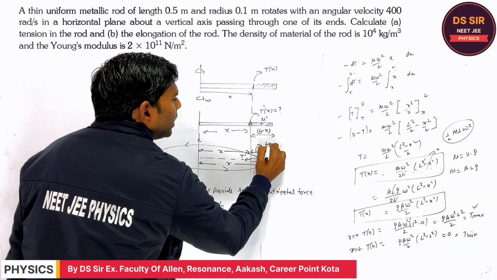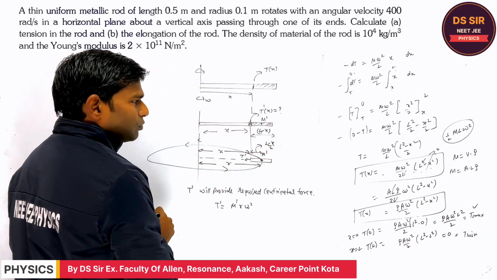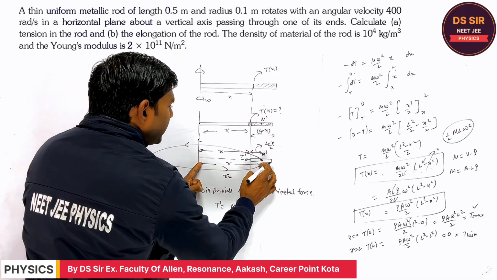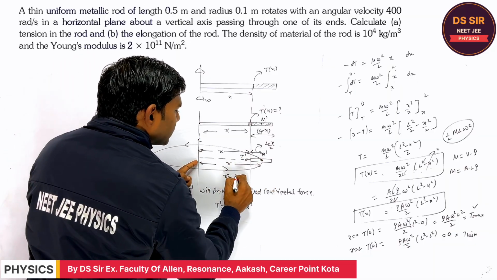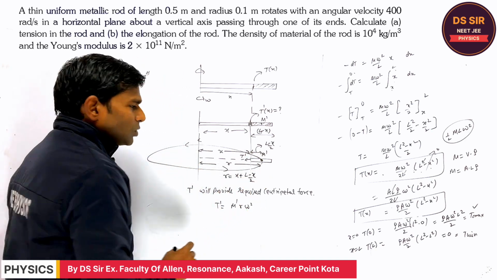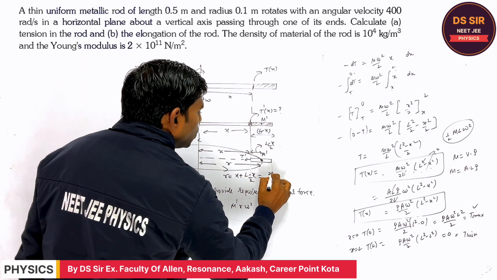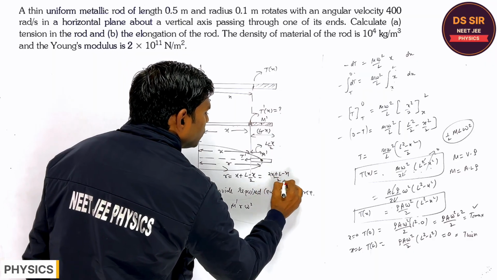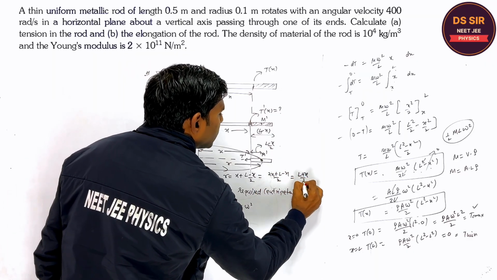L minus x by 2. Are you getting? So what is the radius over here? The radius is nothing but x plus (L minus x) by 2. So the radius is (2x plus L minus x) by 2, which is equal to (L plus x) by 2.